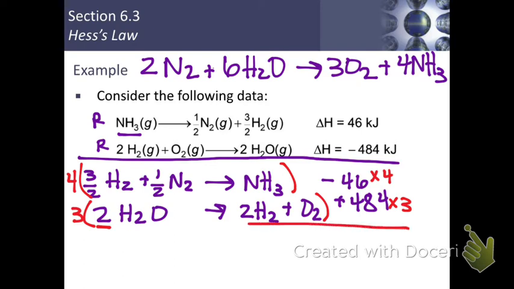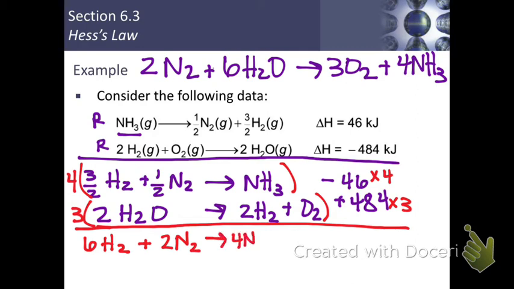And then again, I like to draw a line to give me some separation here. So 4 times 3/2 would be 12/2, which would be 6, right? So 6H2 plus 4 times 1/2 is 2, N2 yields 4NH3.